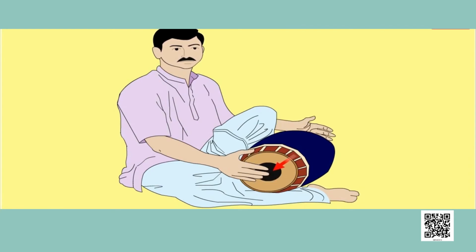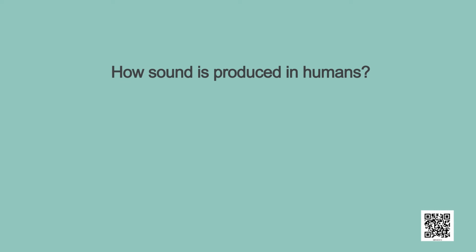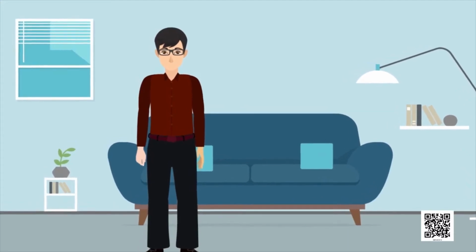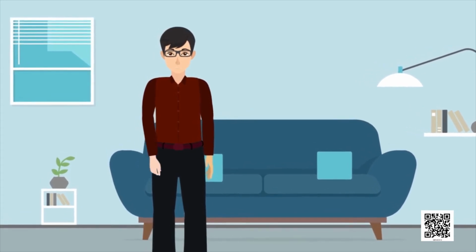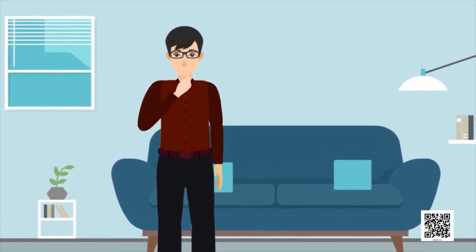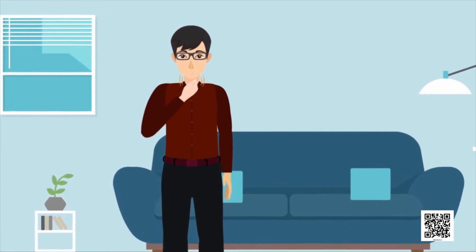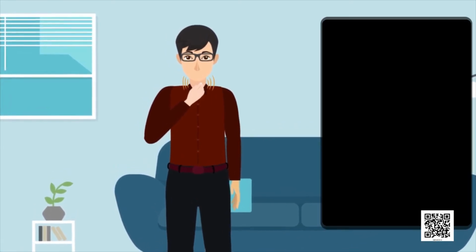Dear children, now let's see how sound is produced in humans. Put your hand on your throat as shown while talking. Do you feel any vibrations? Yes. In humans, the sound is produced by the voice box or the larynx.